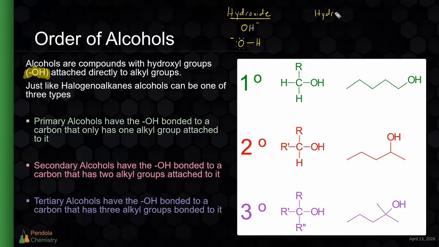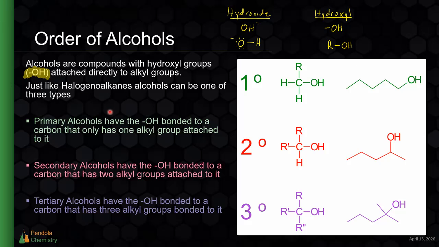The hydroxyl group, Y-L, not I-D-E, is also used for OH, but it's used for OH when it's a functional group, when that OH is bonded to an R group or a carbon chain. That's when we use the term hydroxyl. So an alcohol, which is the functional group or the family of compounds, has a hydroxyl group, the OH group, in it.